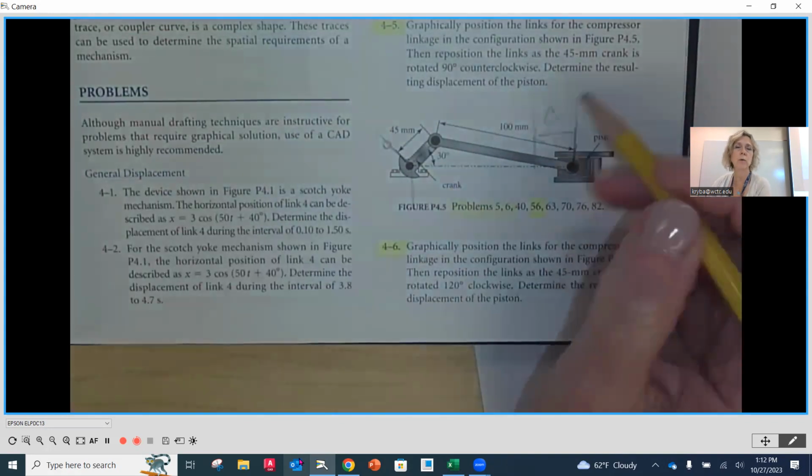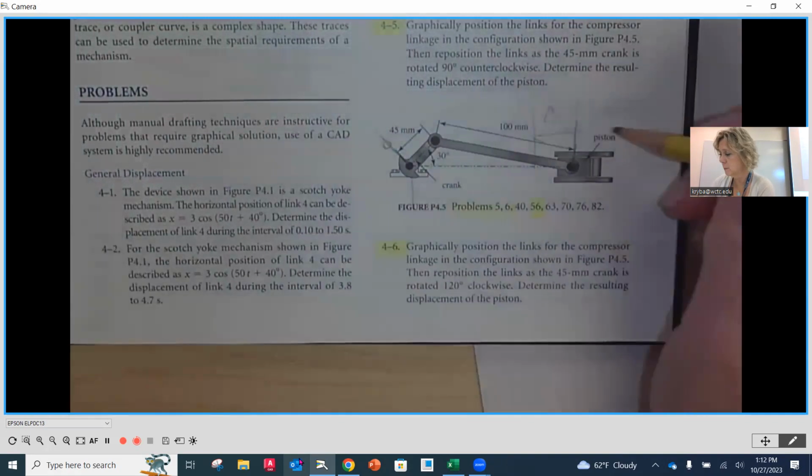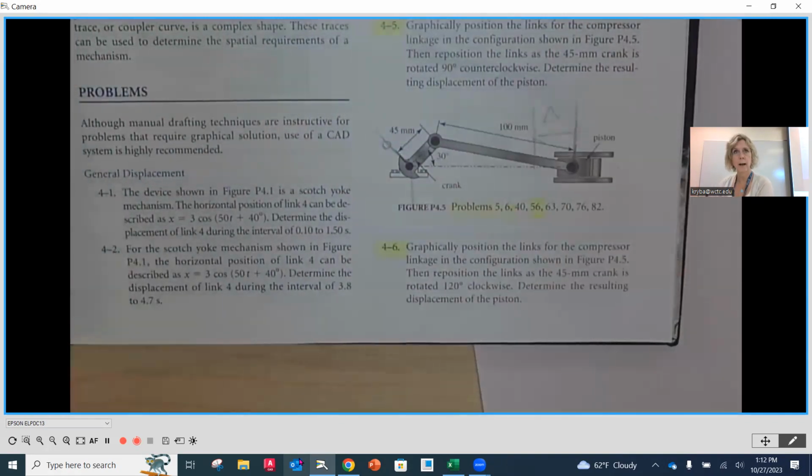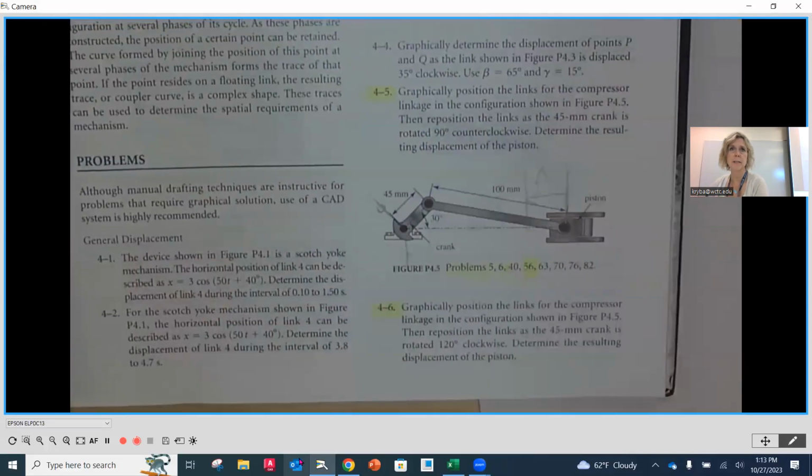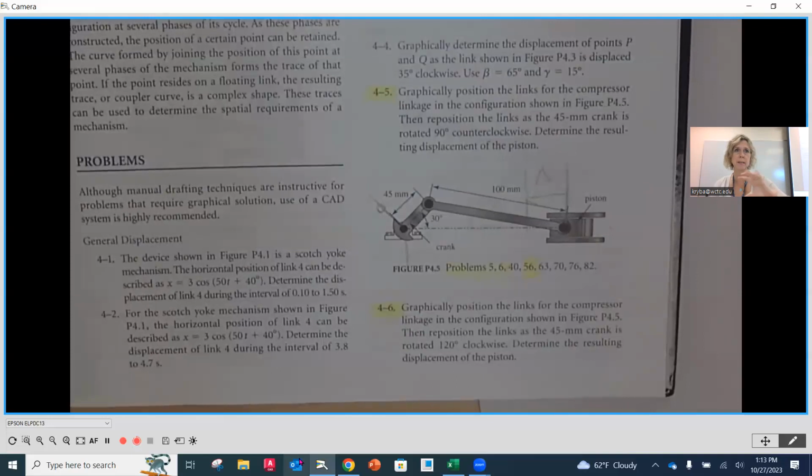And you're going to find out what happens from this position. Where is that piston in relationship? Okay. So that's number 6. These two use the very same diagram. So you kind of draw one diagram, and then copy and paste it for both. Okay.